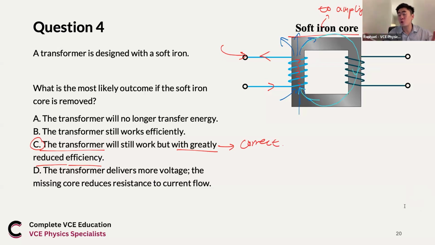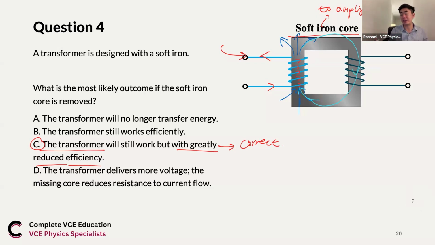The soft iron core is made out of iron, a type of iron that's very soft. What that means is that you can imagine all the individual magnetic moments in the soft iron core can rotate and align themselves with whatever external magnetic field they're in.